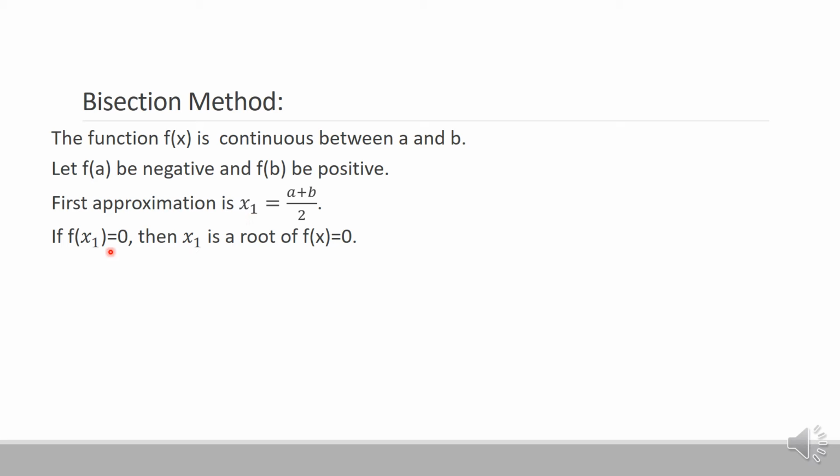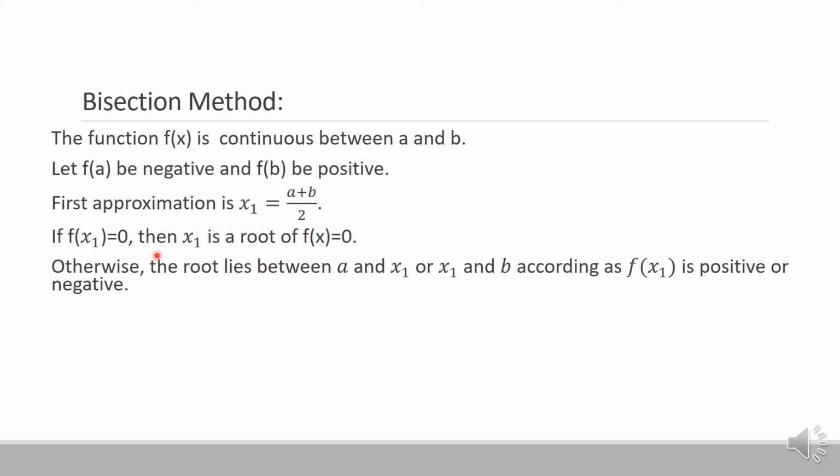If f of x1 is 0, then we conclude that x1 is a root of f of x equal to 0. Otherwise, depending upon whether f of x1 is positive or negative, the root will lie between a and x1 or x1 and b.